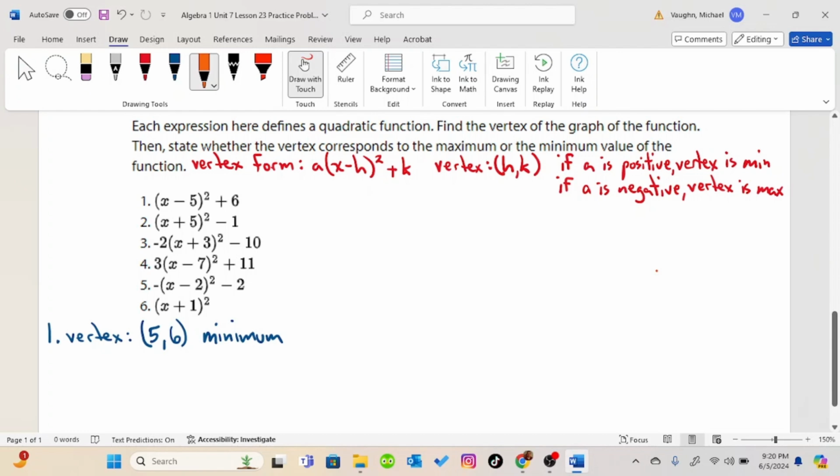Number 2, the vertex is at negative 5, negative 1. And because a is positive, this is the minimum. The graph opens upward from here.